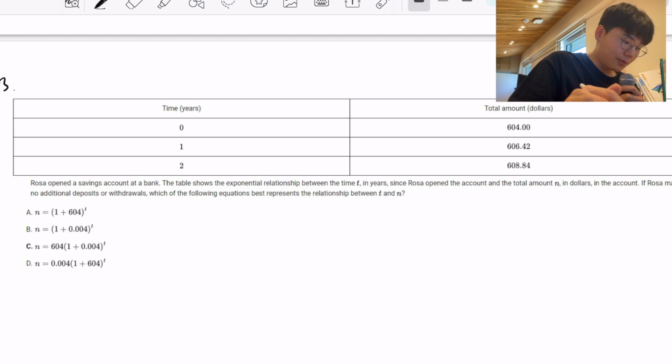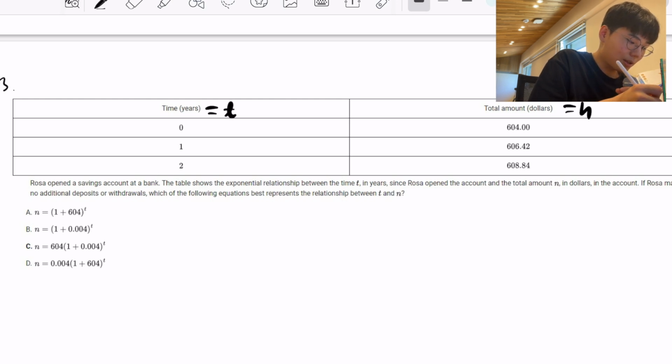If you just look at the chart here and the answer choices, you can immediately know that this is the kind of problem where you establish an equation. If you're short on time, you really don't have to read the text, because most of the time you can just plug in the numbers, time as t here, dollars as n, because that's the kind of correlation we want here.